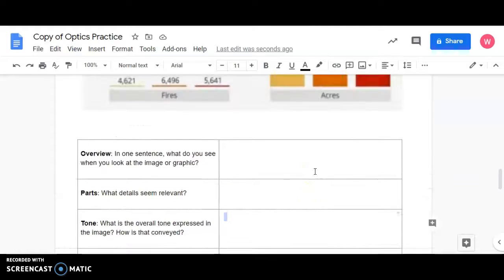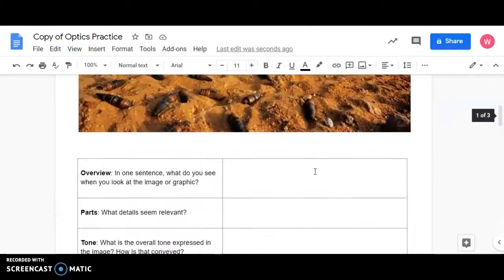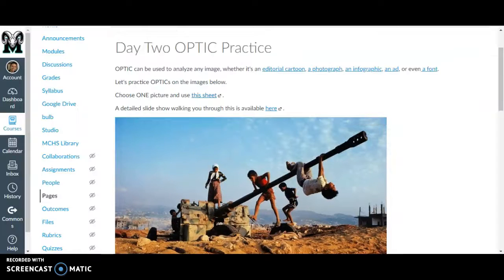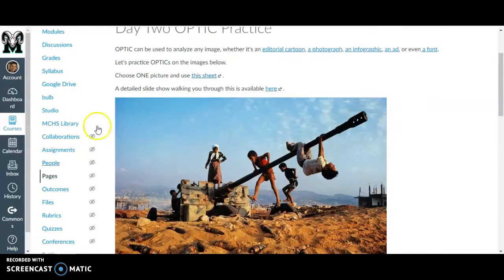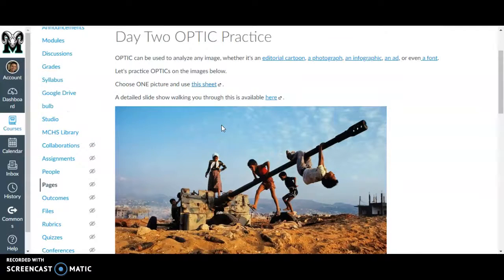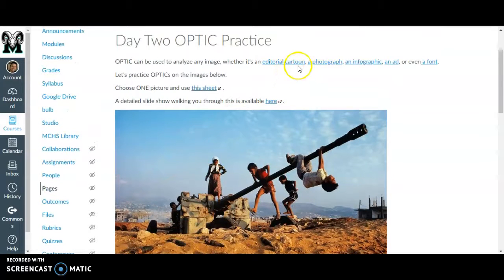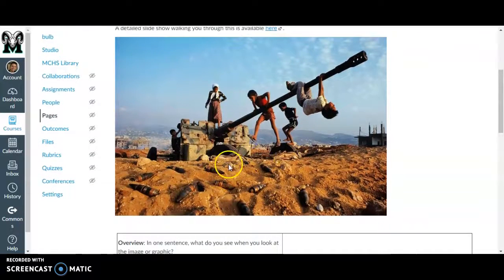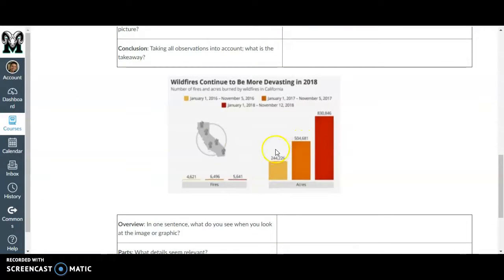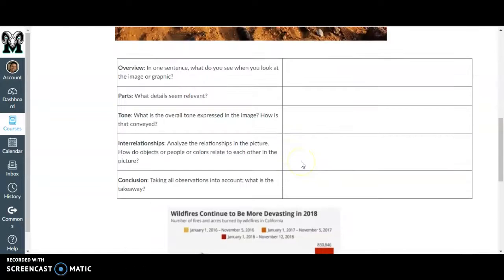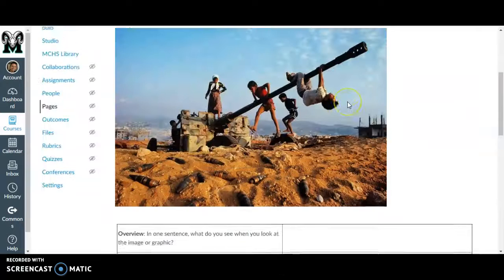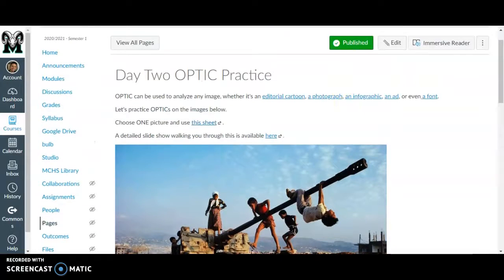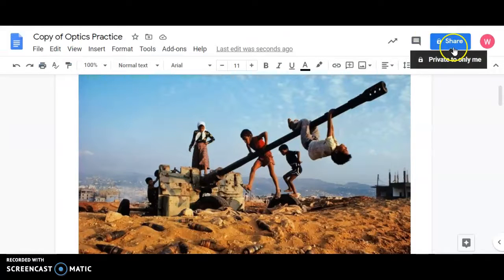You're going to type the information here. And you're going to do the same thing that I did with the zombie picture. There's some other examples here that you can look at. But the last thing for you to do is to pick either this photo or this one. This is an infographic, and complete the chart. And when you're finished, you're just going to share it.